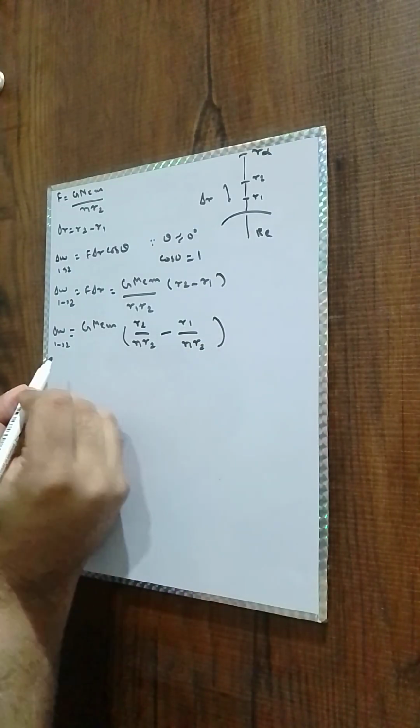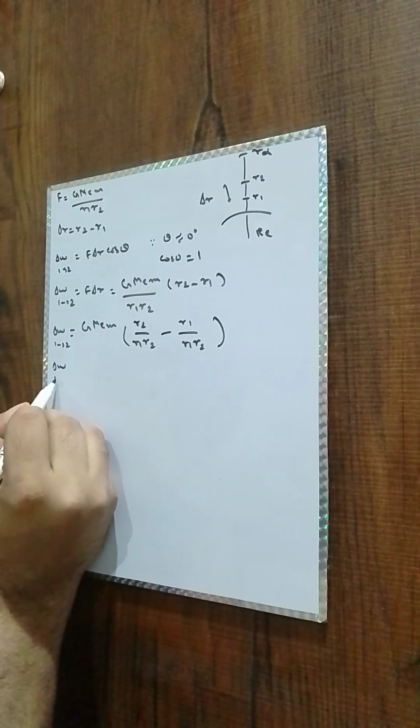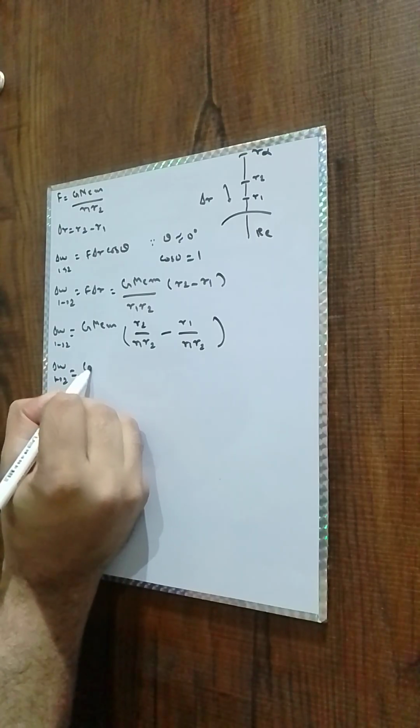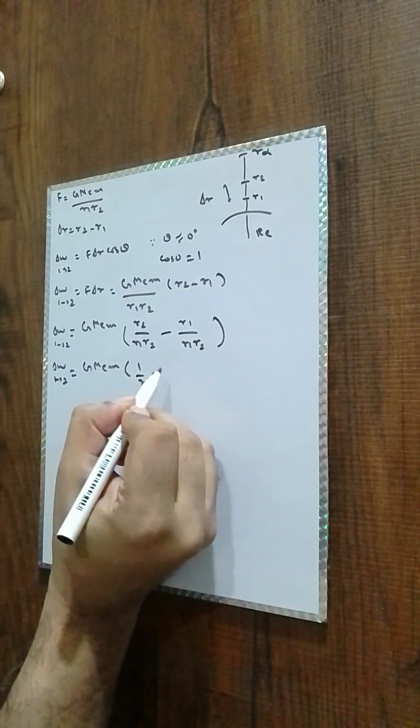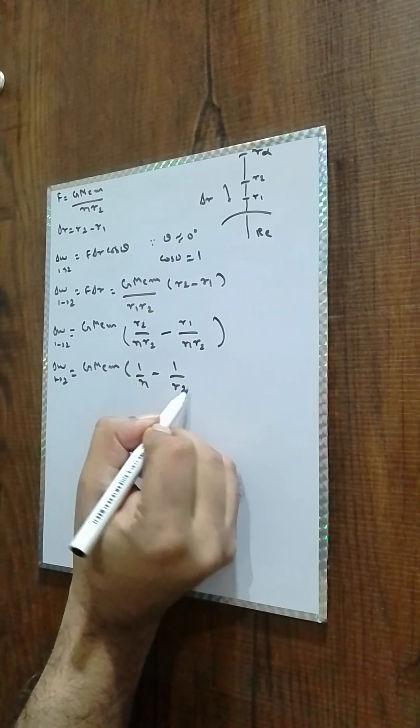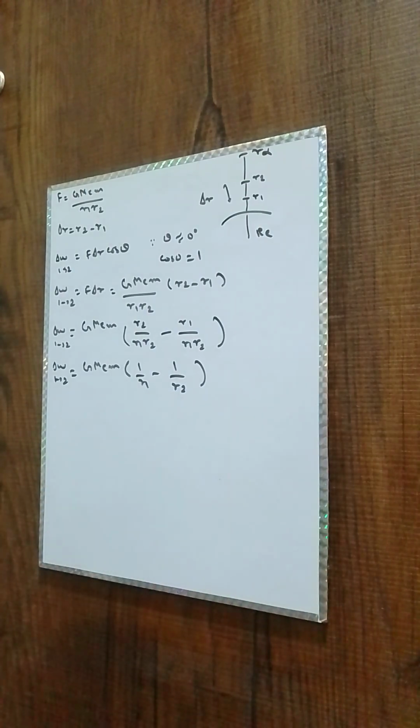Okay, so this is differential work from 1 to 2 is equal to G Me m into 1 by R1 minus 1 by R2. Yes, so this is from 1 to 2.